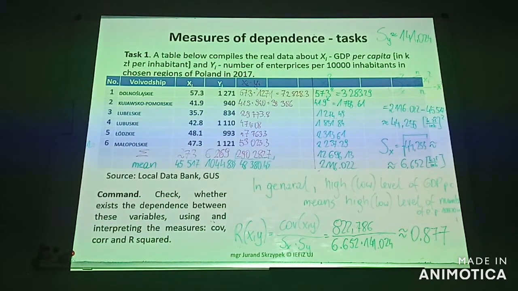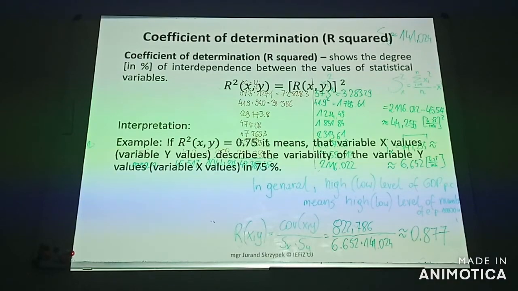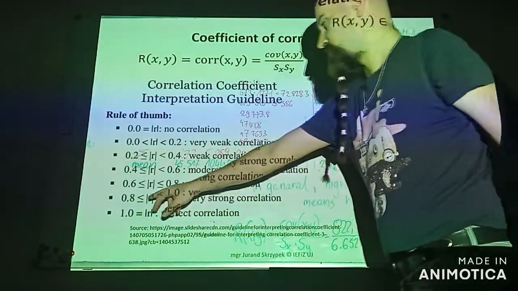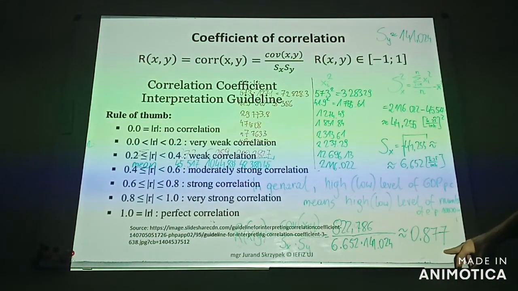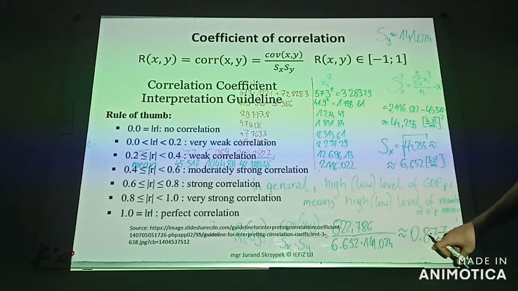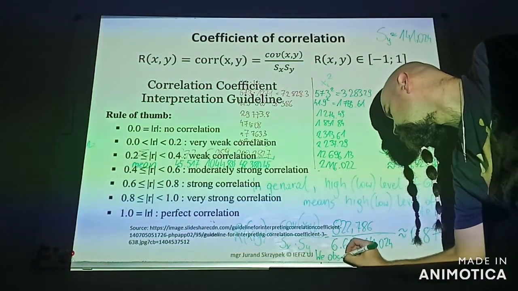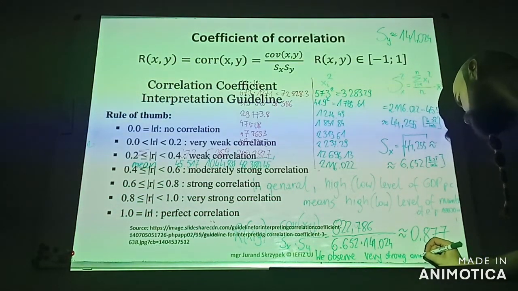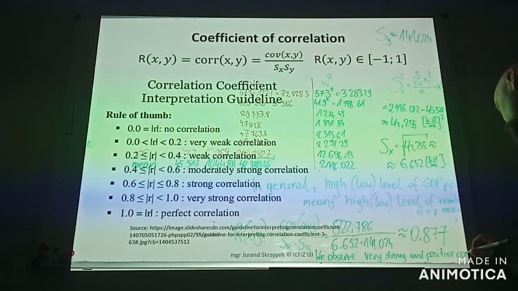We can interpret that amount using a cheat sheet from the previous slide, as you can see, the value between 0.8 and 1 means very strong correlation. So I can interpret it using the following words. We observe very strong and positive correlation between GDP per capita and number of enterprises per 10,000 inhabitants in chosen regions of Poland.